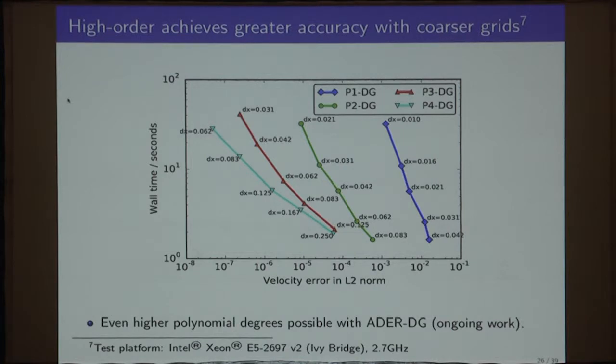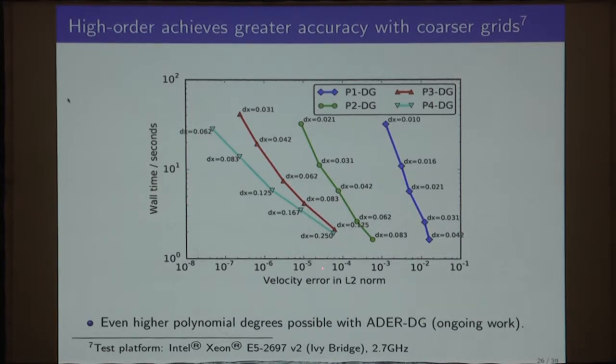Okay, and then in terms of wall time, this is the same story again, a first order scheme versus second, third, and fourth order schemes. Here we see this number, this is the element size. This is our error norm, and this is the wall clock time. How quickly is this thing running?